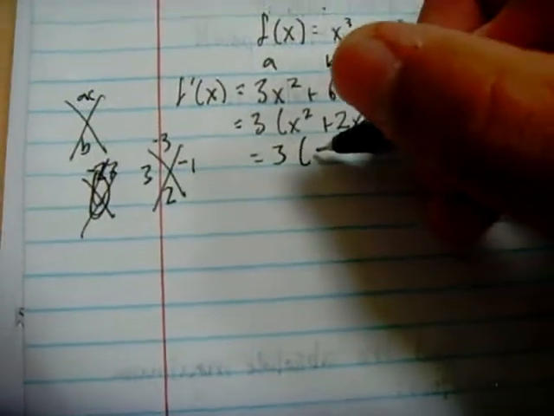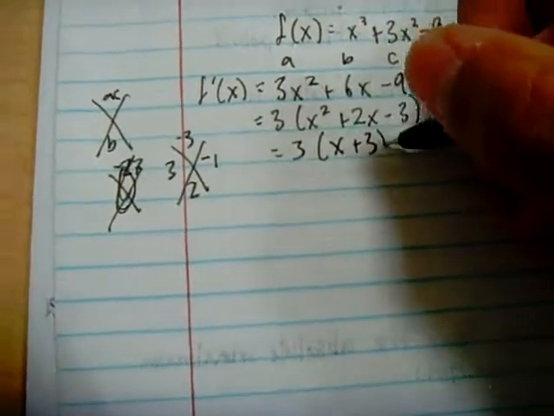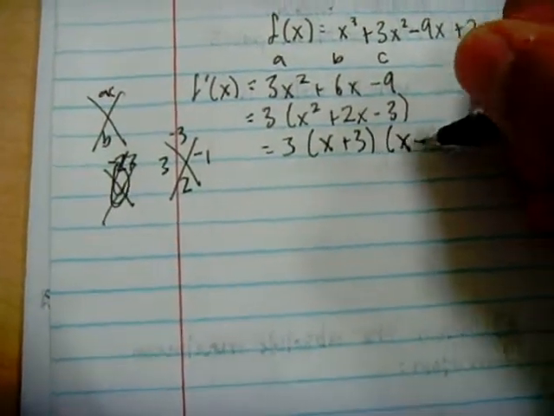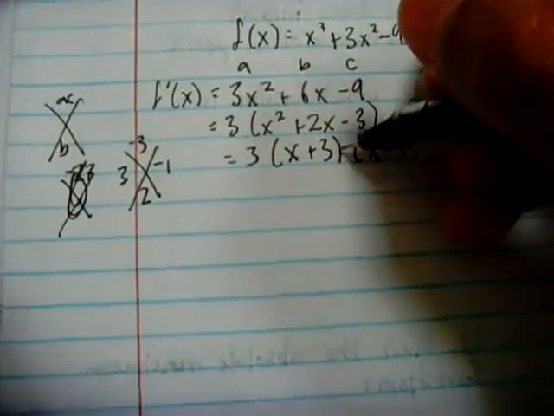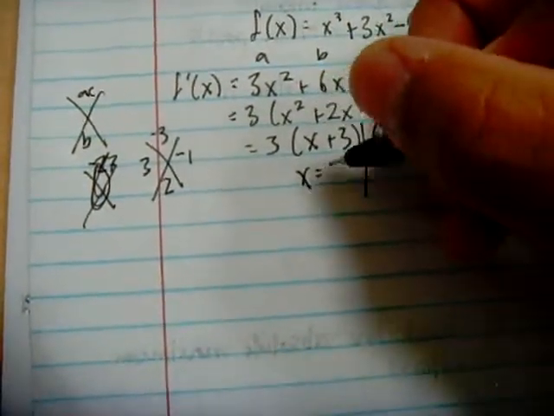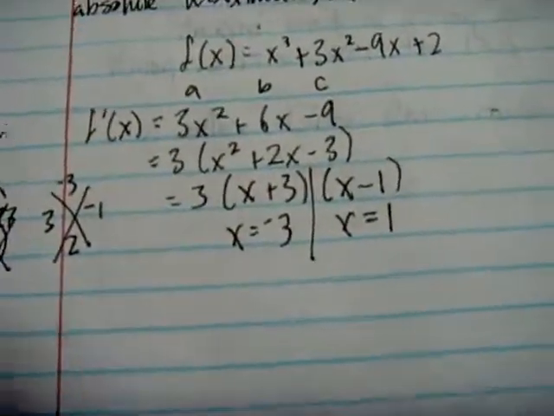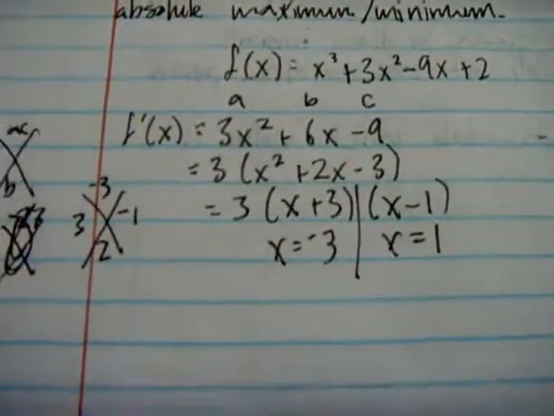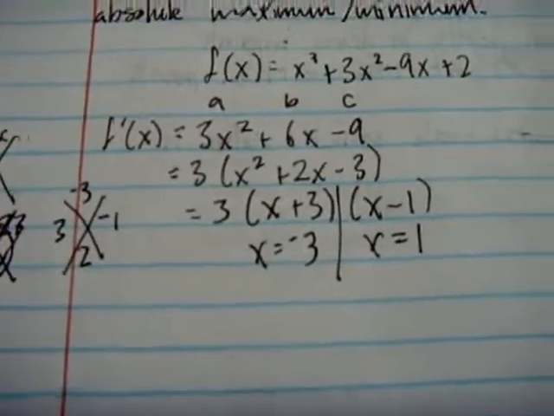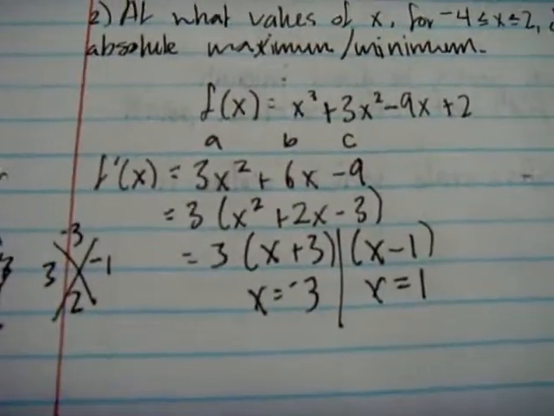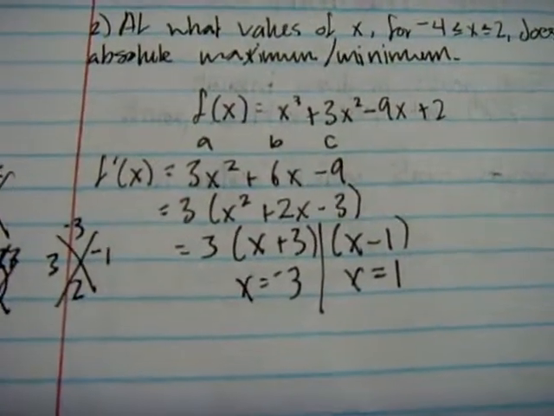So now just put that x plus 3 times x minus 1, and now use the CPP. x equals negative 3, x equals 1. So these are your critical points, and again you see they fall between your intervals, which they do.